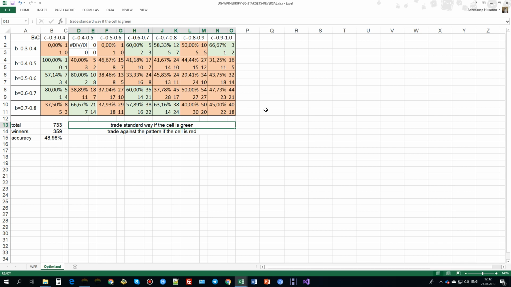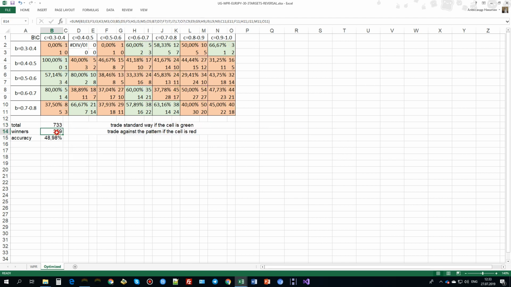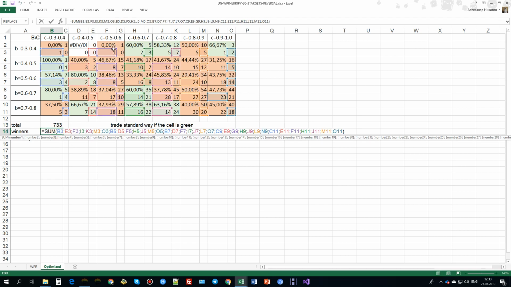And if you do it this way, let's calculate what your probability is. We have no pattern in the E2 cell, so let me delete this cell from calculations, and in this one we should delete E3.